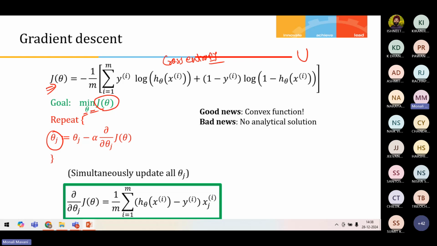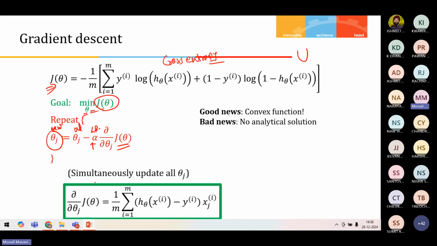For each parameter, we have a parameter update rule. The new value of the model weights is the old value minus the learning rate times the partial derivative of the cost function with respect to each parameter. The derivation I think I have added at the end.